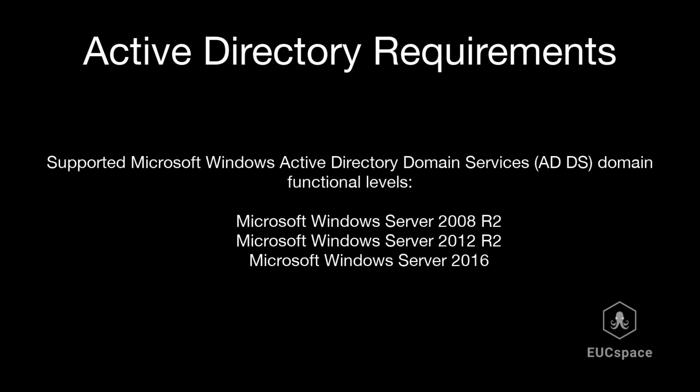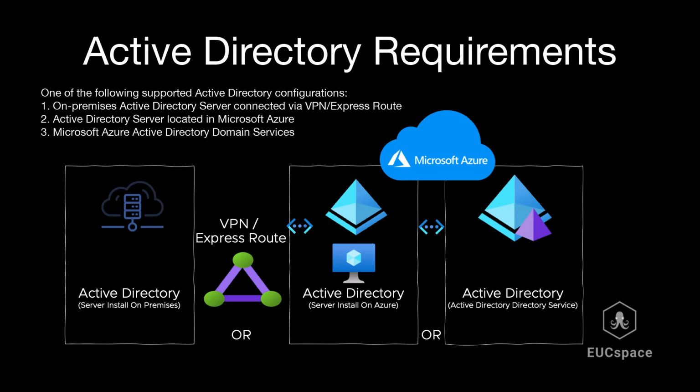We know that the Directory Access Requirements document calls for minimum levels needed to have a supported Microsoft Windows Active Directory domain in place with a functional level of Server 2008 R2, or Server 2012 R2, or Server 2016. Active Directory essentially supports one of the following configurations.